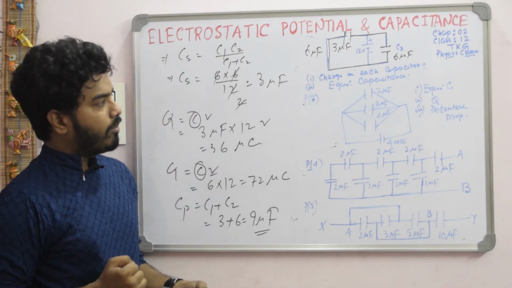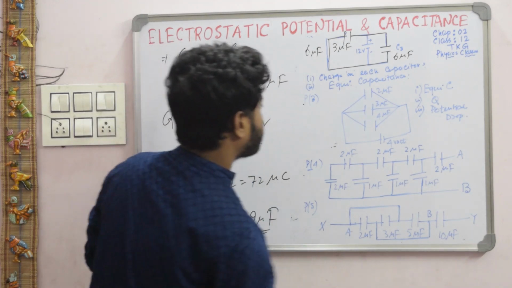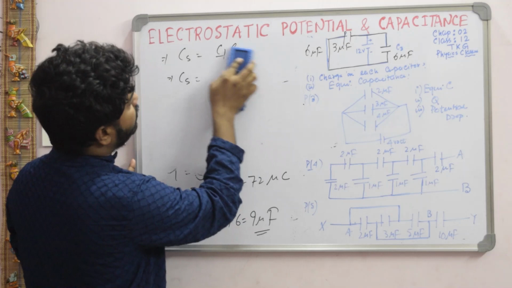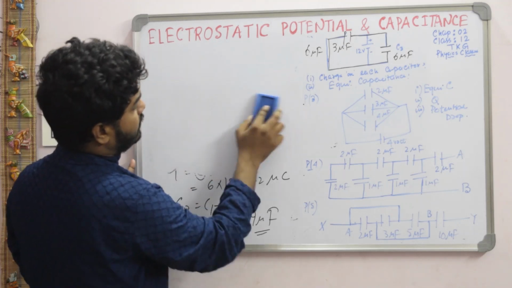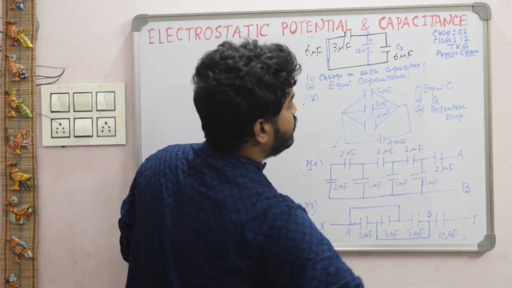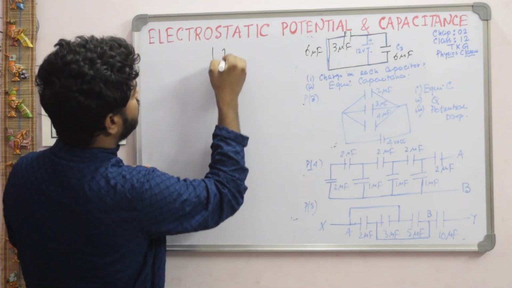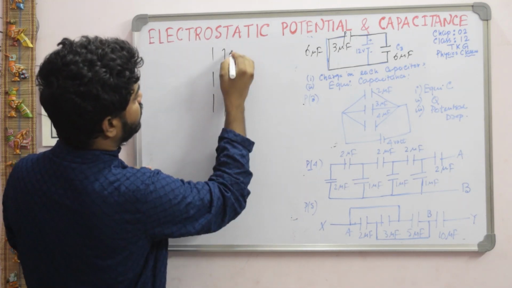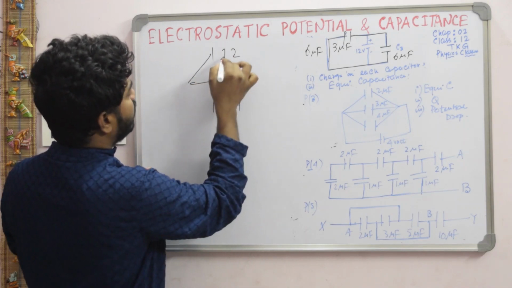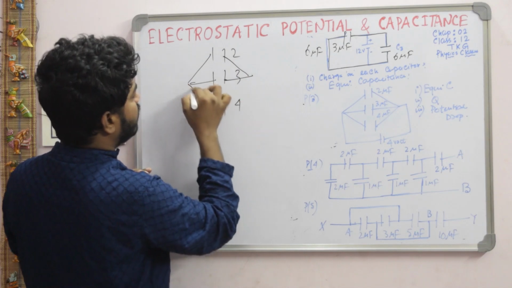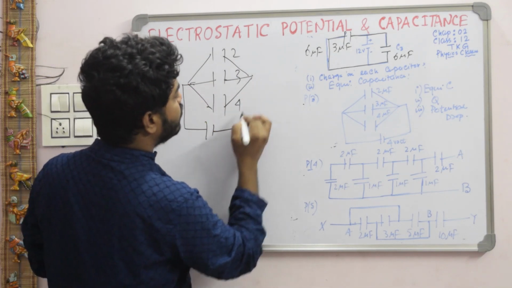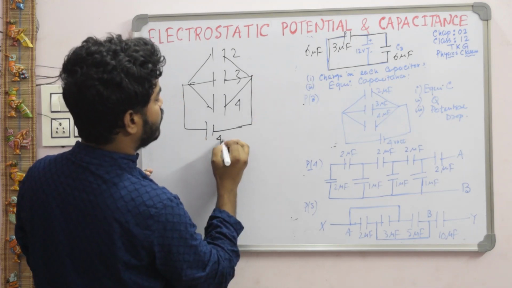Now solve problem number 3. Same problem. Here 3 capacitors, 2 microfarad, 3 microfarad and 4 microfarad, are connected in parallel combination. Now you have to find out, and here the battery supply is a 4 volt battery.